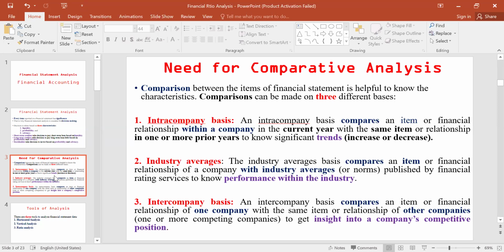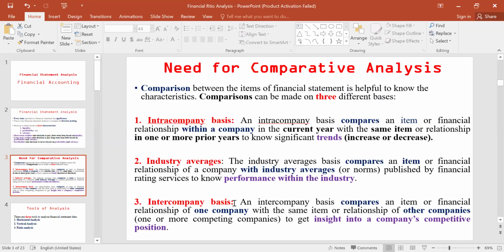Intercompany means analyzing between two companies, any item, two items or three items, but the discussion involves more than one company.